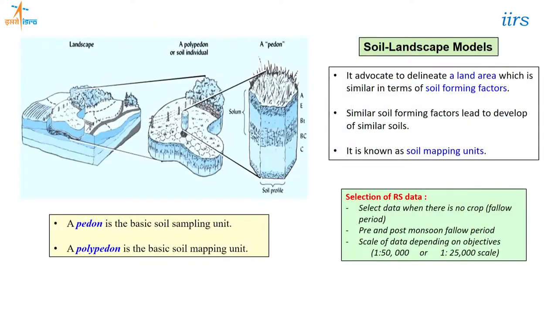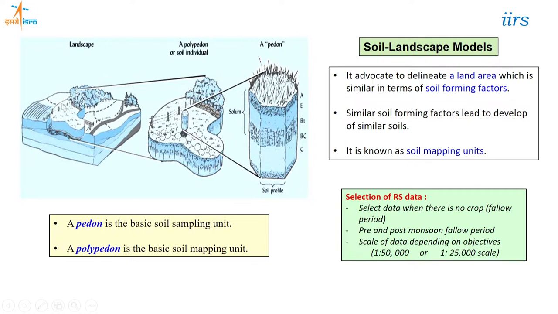Here you can see that suppose this is the land area, we call it a landscape. This landscape or land area, the total area, you can divide into soil landscape units or different polygons. How I can make those polygons, I will explain in coming slides.